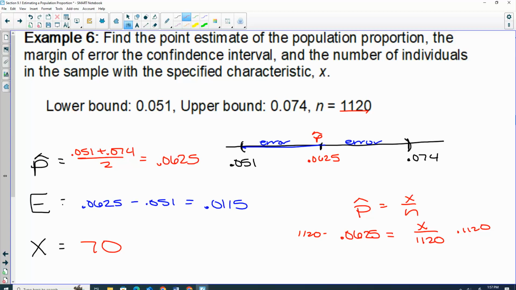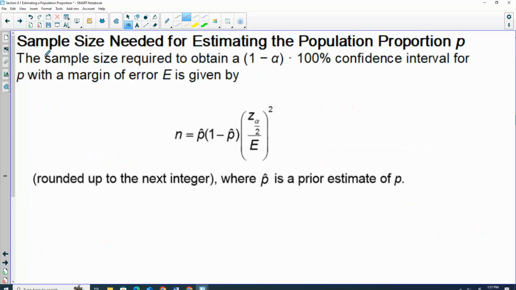There is one final thing that we need to cover today, and this is, again, directly off our formula sheet. It's basically how big of a sample do I need to create? If I'm wanting to get a good confidence interval, I have to make sure that I'm including enough in my sample.